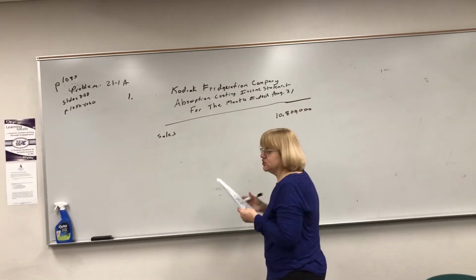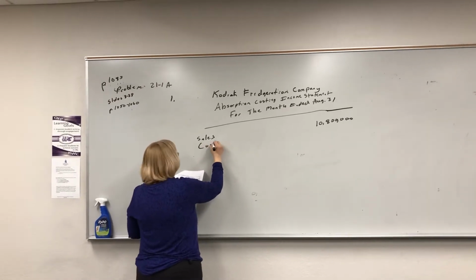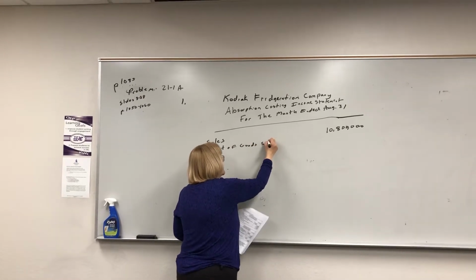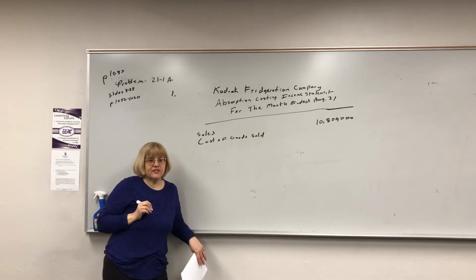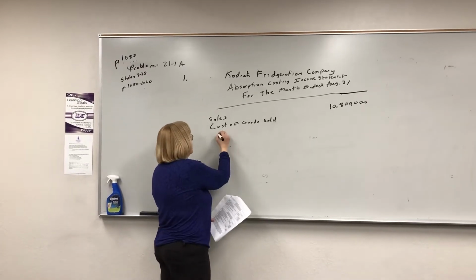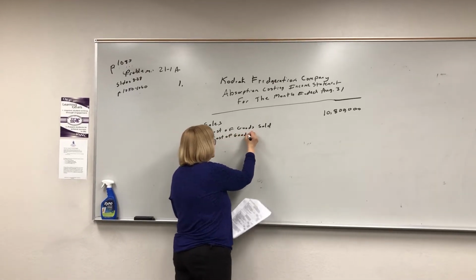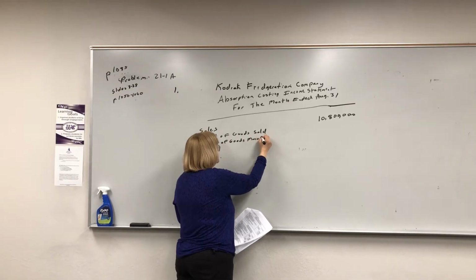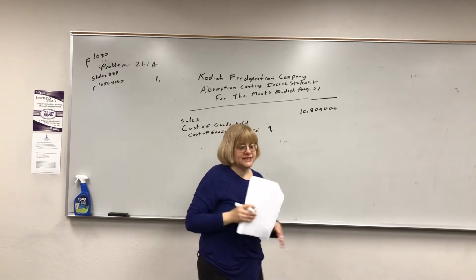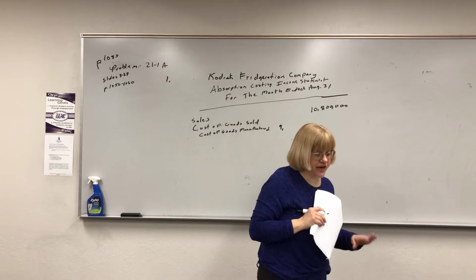And then our next section is going to be our cost of goods sold. Remember, it tells us it's the first month of operations, so we don't have any beginning inventory. So we have our cost of goods manufactured, and here we include all cost, variable and fixed, of our manufacturing cost.